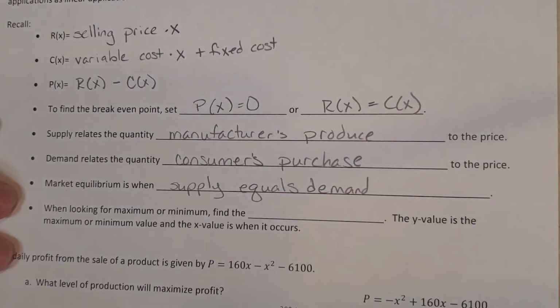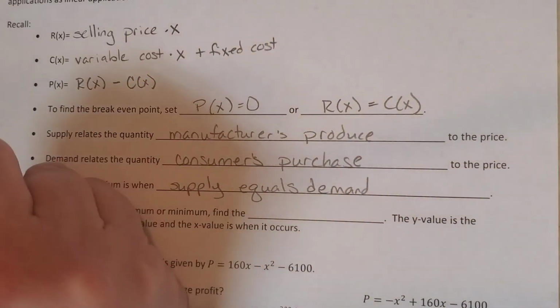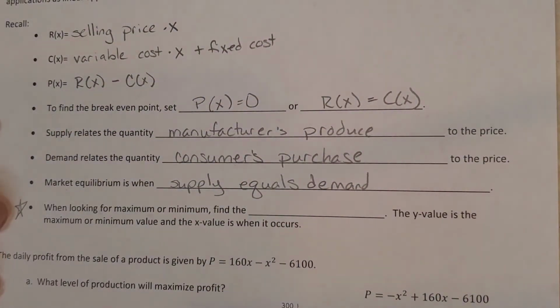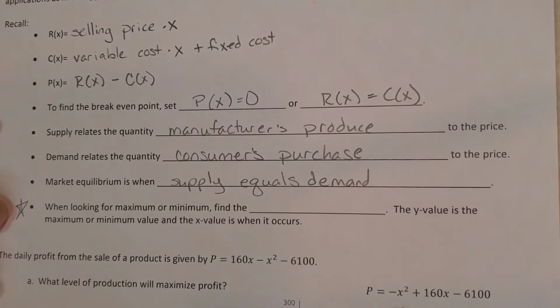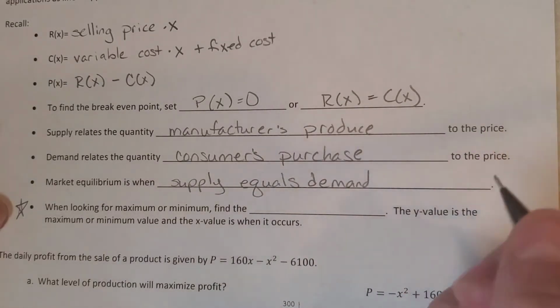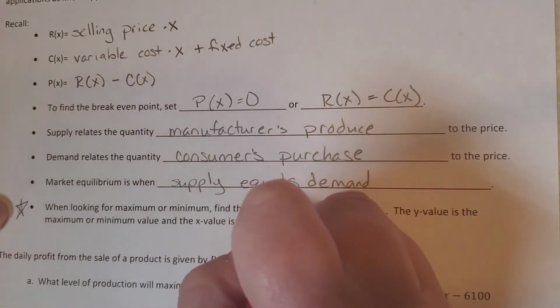The only new application that we can use with quadratics is this last one here. When we're looking for a maximum or a minimum, maximum profit, minimum cost, something like that, remember the maximum or the minimum of a quadratic is the vertex.